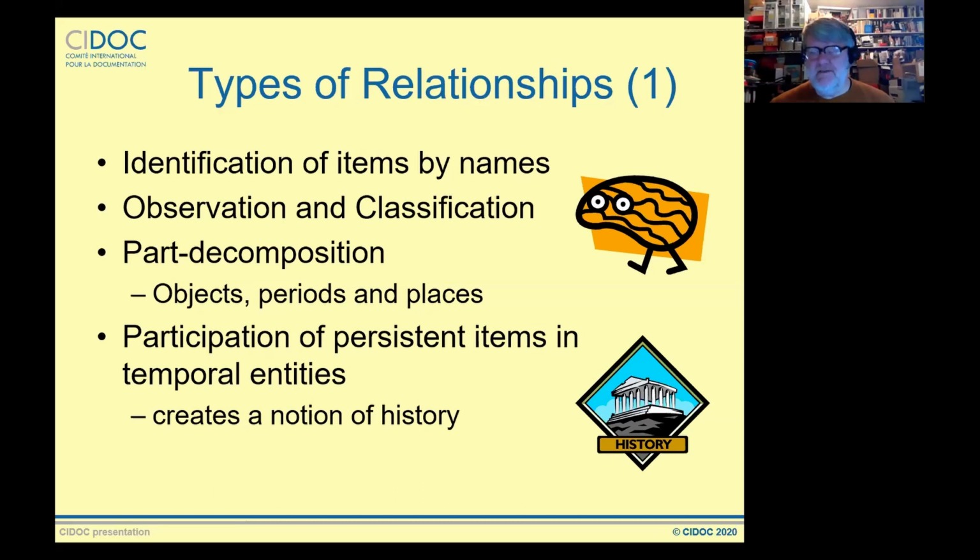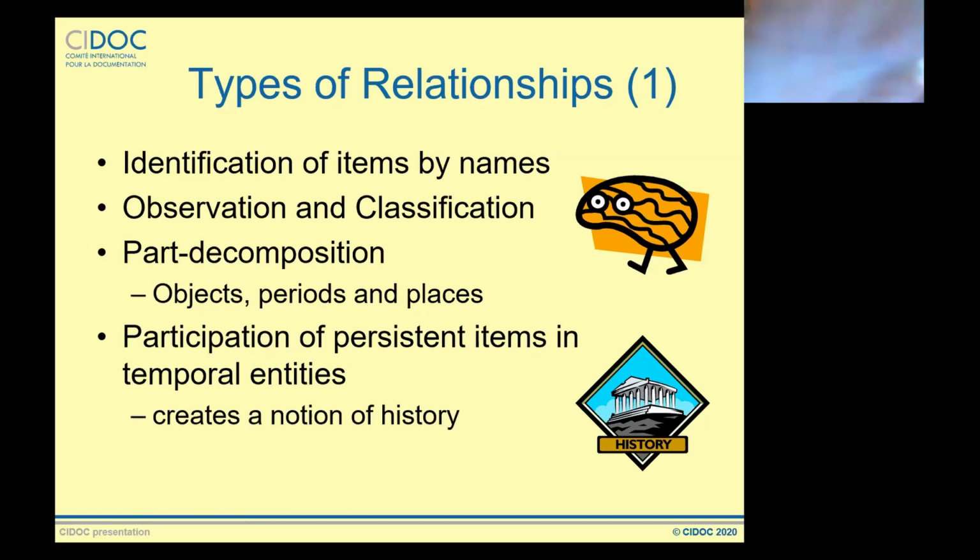So participation is taking part in temporal entities, which are things that happen in time. So we're talking about things that we can continuously identify taking part in things happening. And that is basically history. So it gives us this notion of history. If we have a series of events that objects have taken part in, people are objects in this way, they're persistent items.